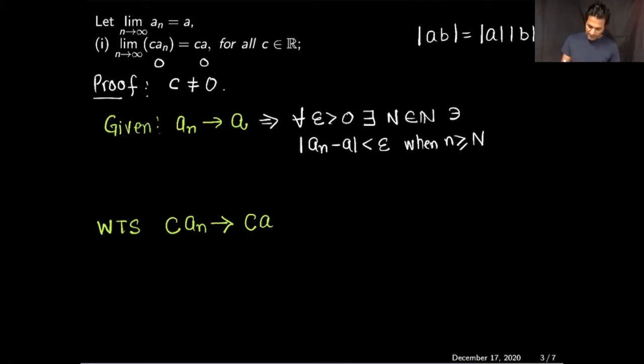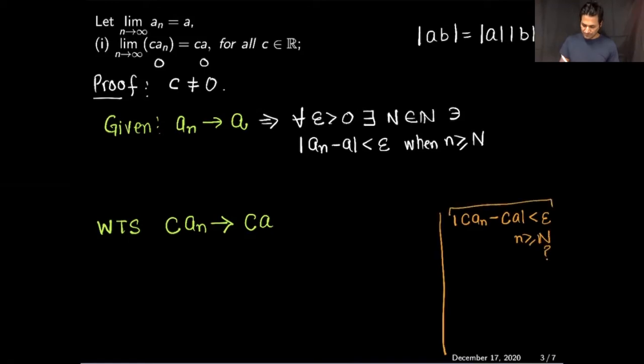So I will do some scratch work here. I would like to show that the absolute value of c·a_n minus c·a is less than epsilon when n is bigger than or equal to some capital N, and this N I need to find so that this inequality is true.